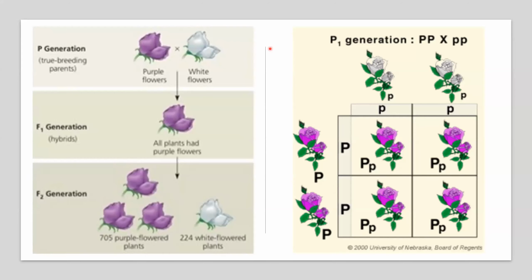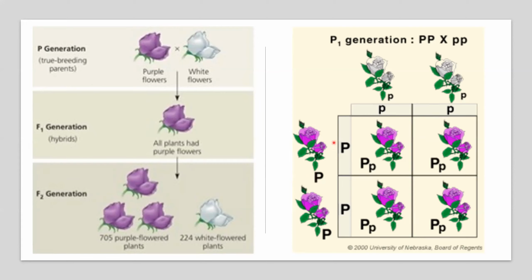So here, the purple flowers are shown over here, the parental generation. And there should really only be one flower shown here and one white flower shown up here. There should not be two. This is a mistake by whoever made this image. But there should be one purple flower here. And geneticists use these uppercase letters, this uppercase P, to represent dominant alleles, and I'll go over this in a bit.